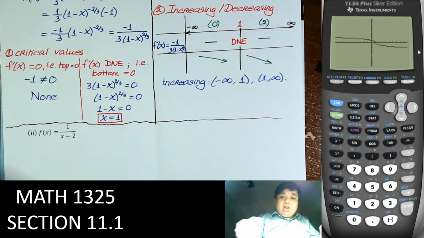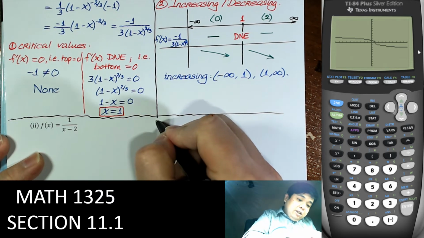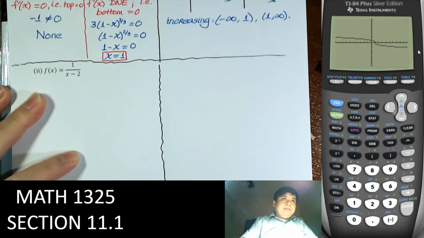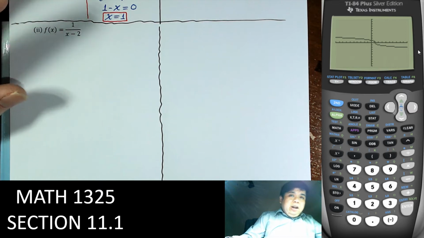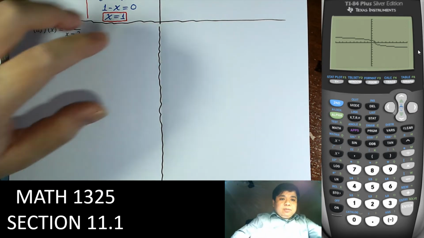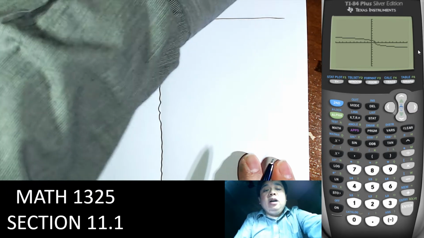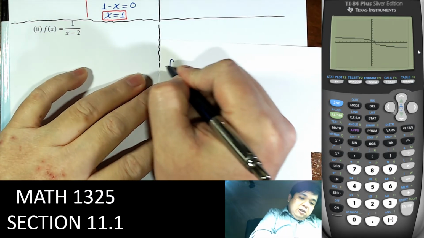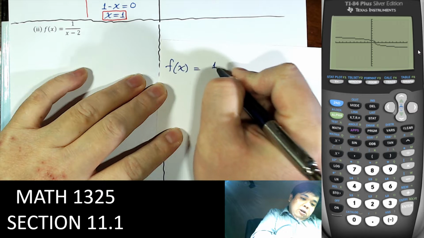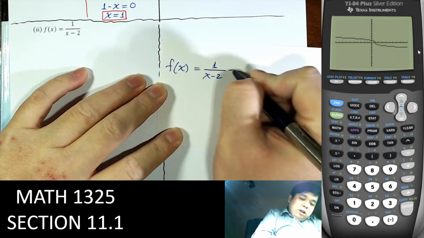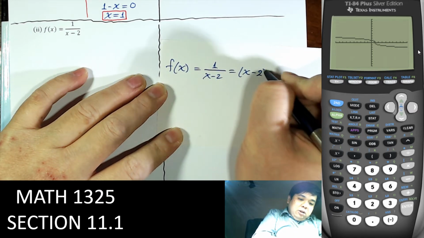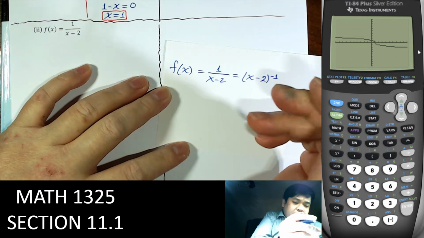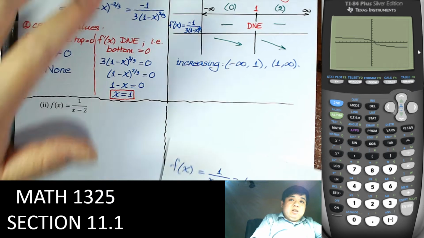Next we have this function, so we will do the same thing. We take the derivative. Of course, we can write this as 1 over x minus 2, as x minus 2 to the negative 1, and we can use the chain rule, just like the previous one.